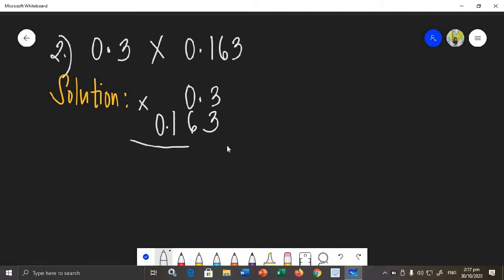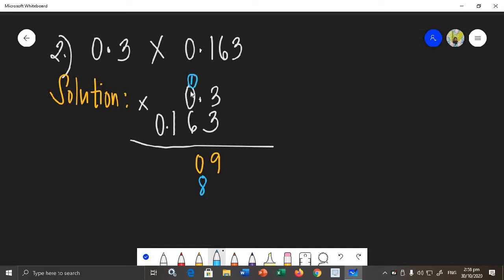So, yeah. Well, now that I already wrote the given in vertical form, we should multiply as if we are multiplying whole numbers. Okay? So, 0.3 times 0.163, 3 times 3. We should multiply 3 to the multiplicand. So 3 times 3, that is 9. 3 times 0 is 0. And then the next number is 6. So 6 times 3, that is 18. 6 times 0, that is 0, but we have a carry 1 here.